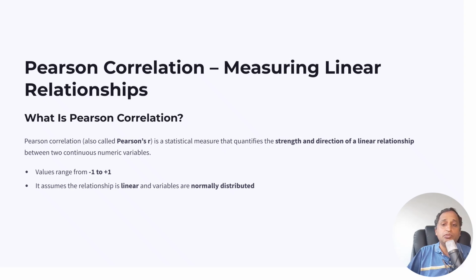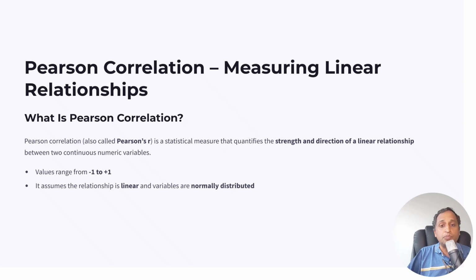The Pearson correlation coefficient, often denoted as r, is a statistical measure that helps us quantify the strength and direction of a linear relationship between two numeric variables. Imagine you want to know if companies with higher retained earnings are also more profitable, or if companies with the most debt tend to show lower returns. Pearson correlation gives you a single number between -1 and +1 to answer these kinds of questions.